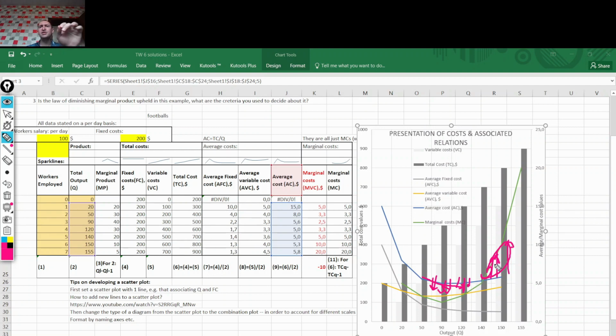Now the high marginals will contribute to the increase in the averages. So the marginal quantity will increase your average quantities when the marginals are above the averages. When the marginals were below, they diluted the averages. They pulled them down.